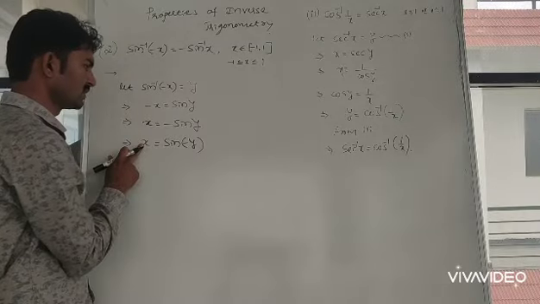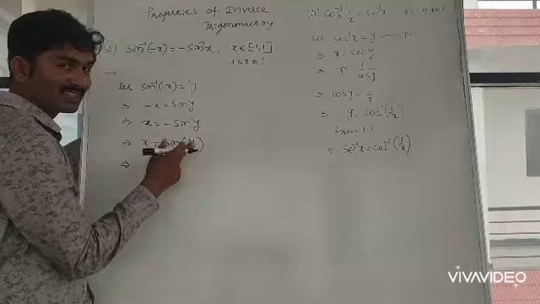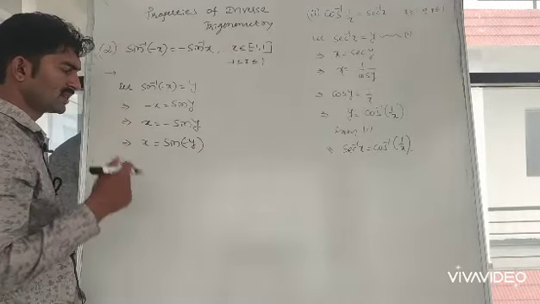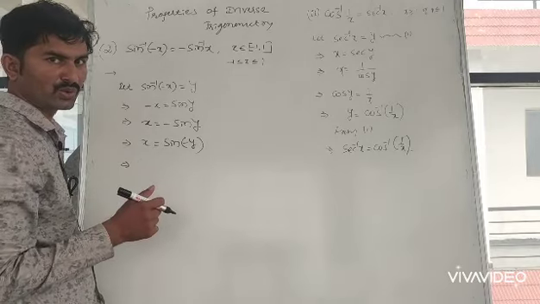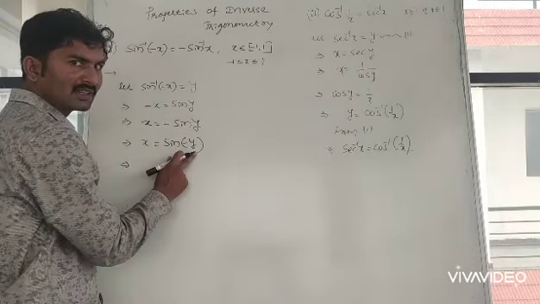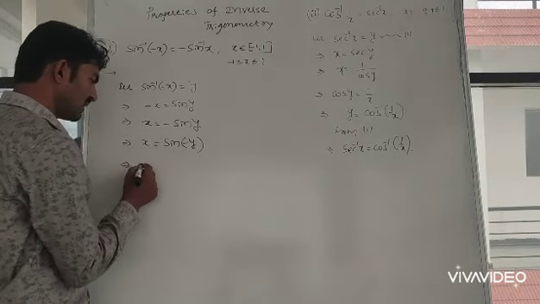In the left hand side is x, then take the minus inside. Sine of minus theta is equal to minus sine theta. We know this property from trigonometry, that sine of minus theta is equal to minus sine theta. So minus sine y is equal to sine of minus y. Now take sine to the left hand side.